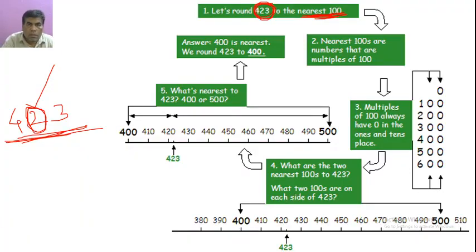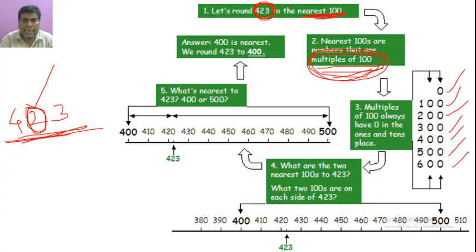Next. So here, as they asked the nearest hundreds, what do we have to take? We have to take multiples of 100. Like 100 zeros are 0, 100 ones are 100, 200, 300, 400, 500, 600.